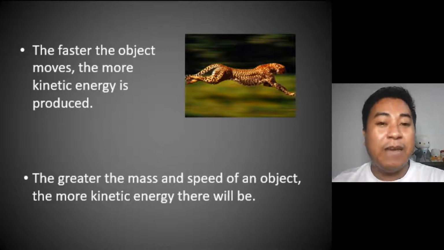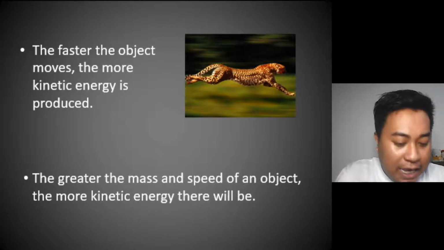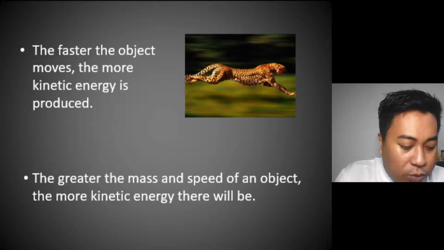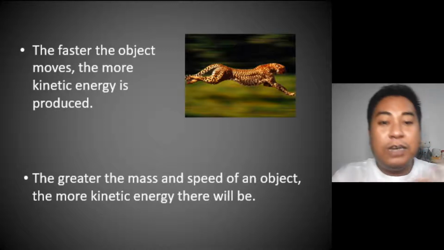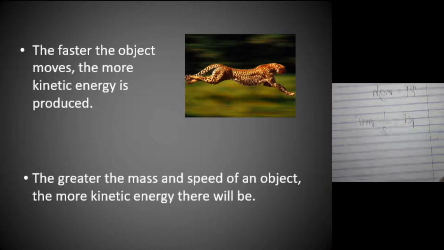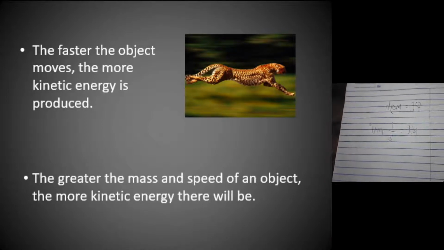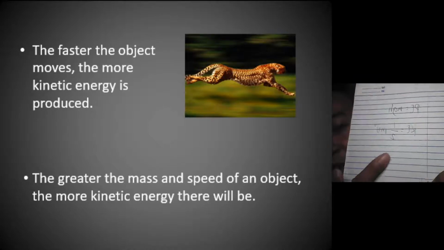Again, punta naman tayo sa formula ng kinetic energy. Wherein kinetic energy, or KE, is equal to 1/2 mass times velocity squared. So, ganito ang kinetic energy natin. So, nakikita nyo yung mass and velocity.